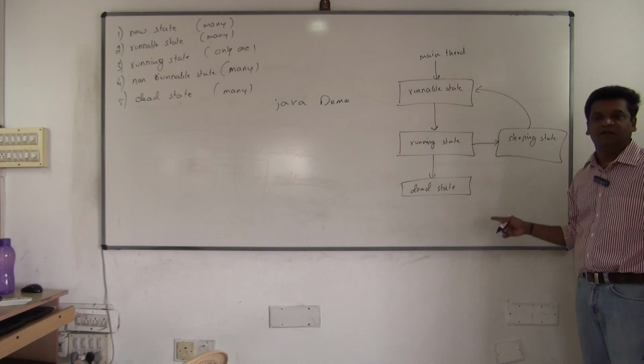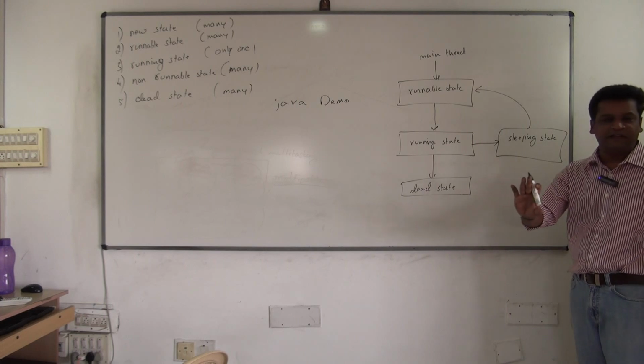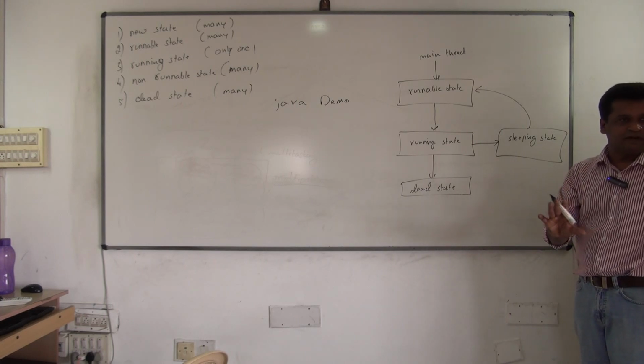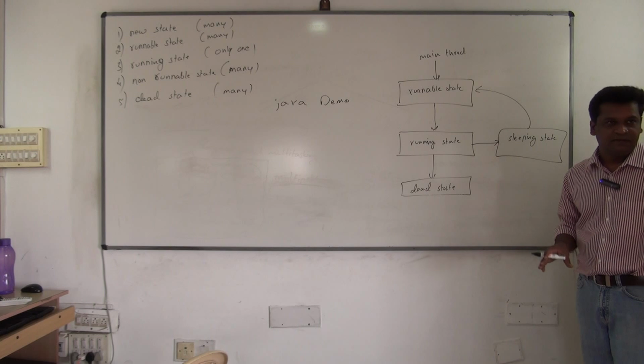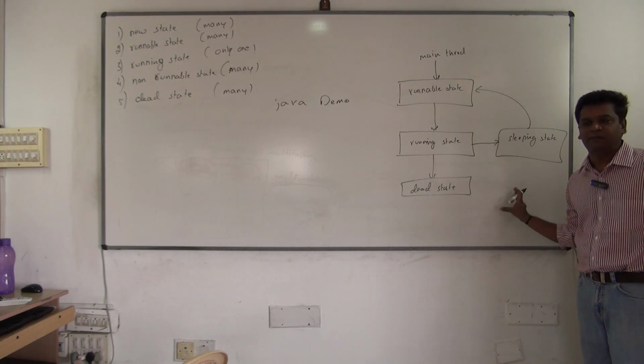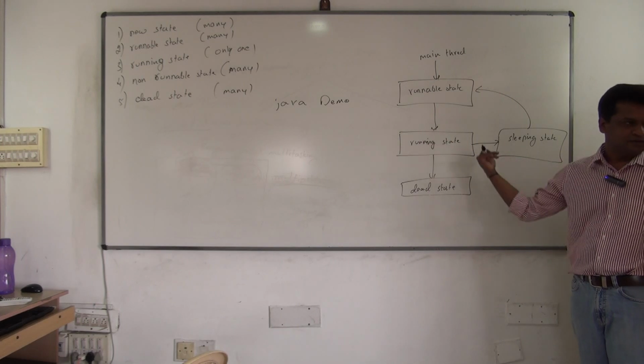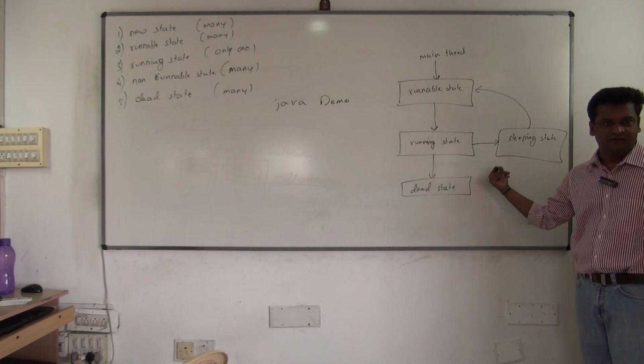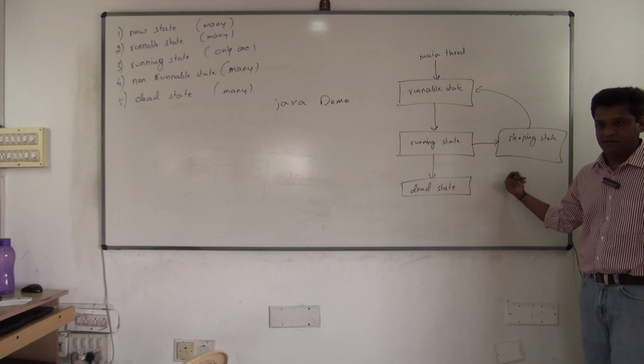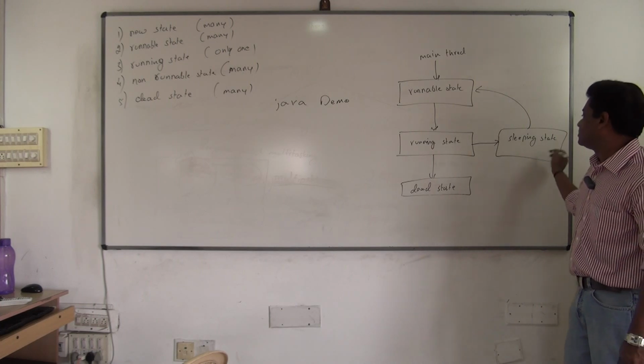The diagram is correct, you take this as a new diagram now, because the next program which I'm going to execute is going to represent this particular thing now. Sleeping state.